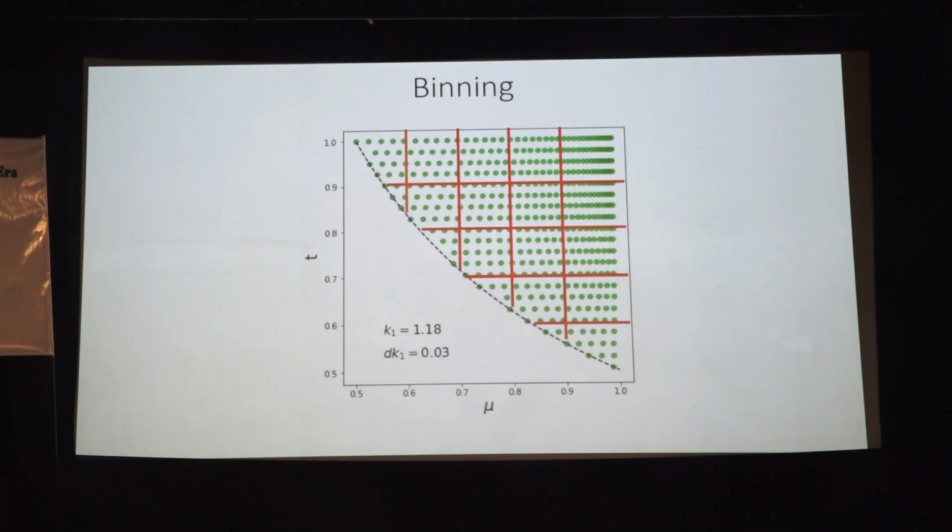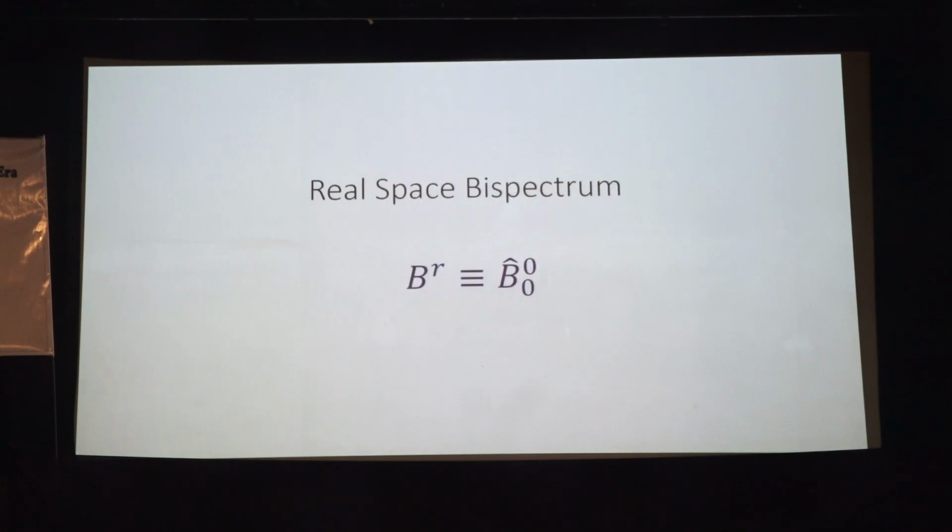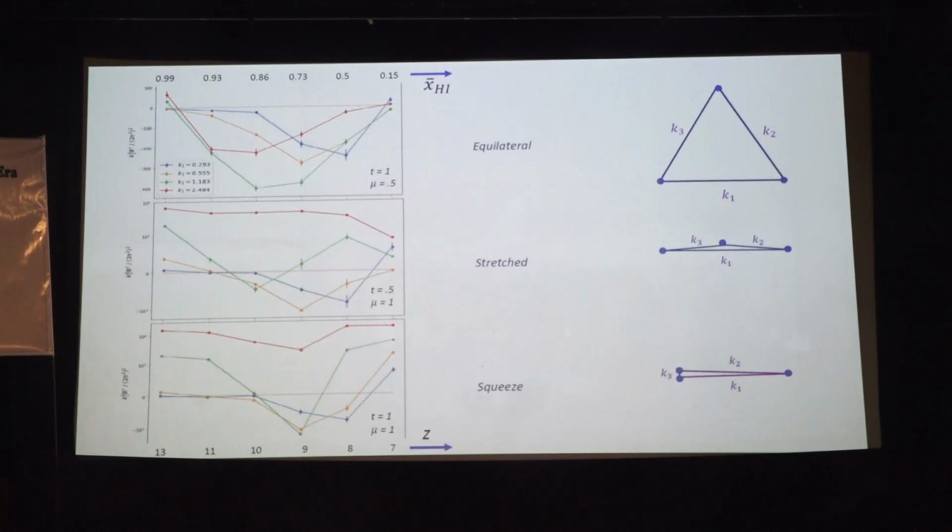Here, one point corresponds to one triangle configuration, as I showed before. We can do binning in mu-t space, and we do this binning in such a way that the signal to noise ratio is significant, so there is hope to detect the signal. First of all, the results for the real space bispectrum. In these plots, the x-axis is the redshift.